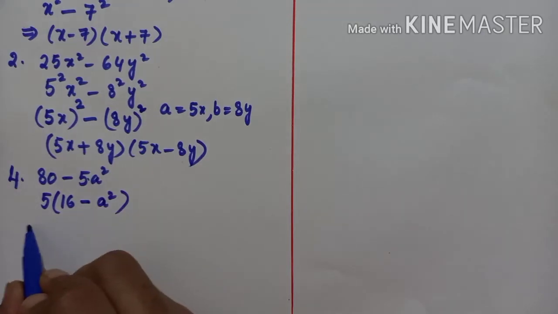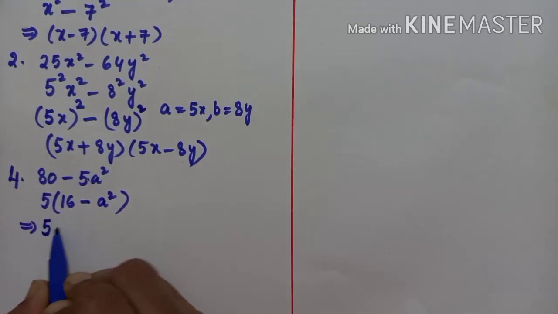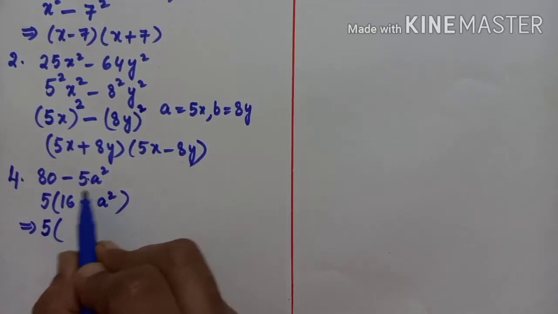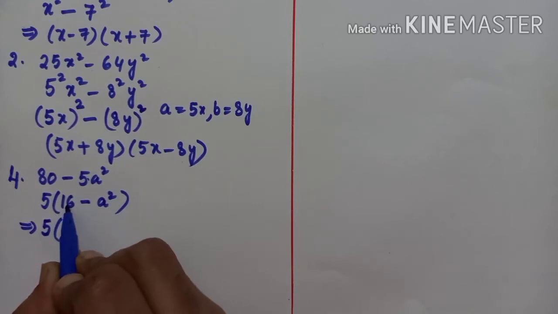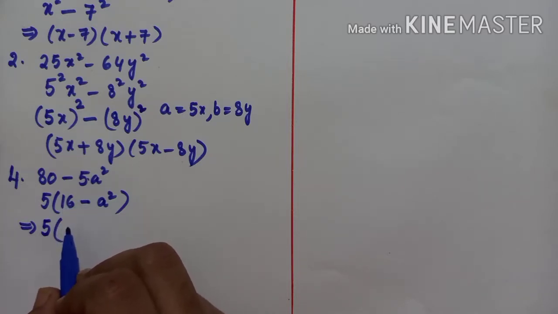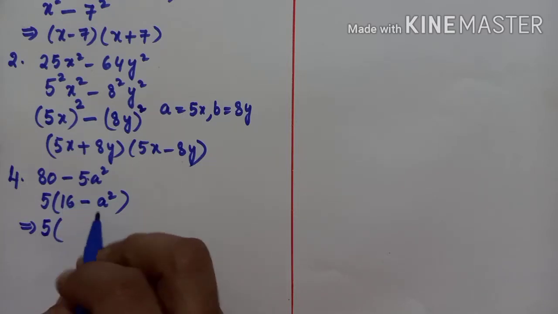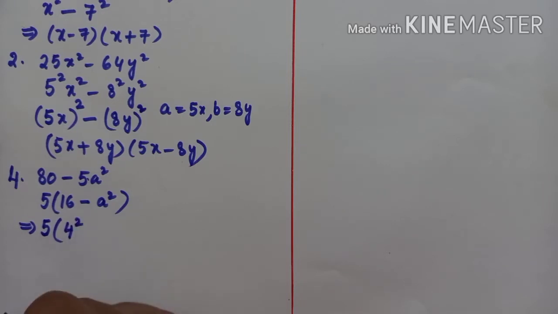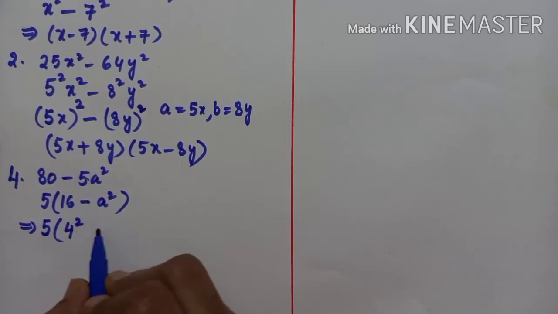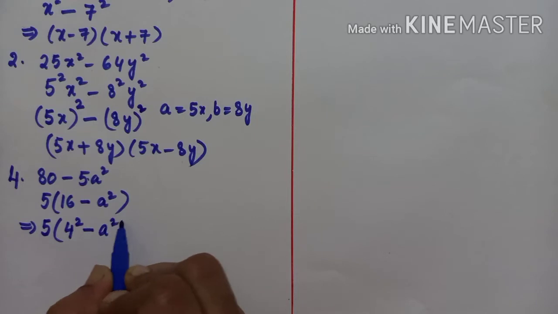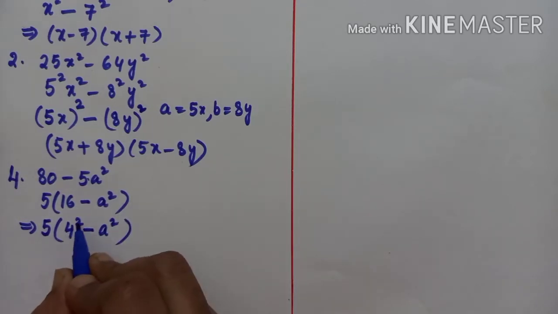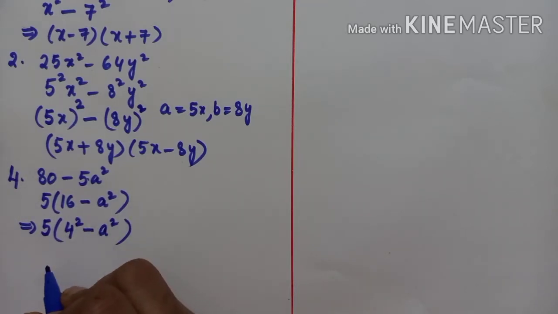Now you see 5 is outside of the bracket. Inside the brackets, whatever numbers you have, you have to check whether it is a perfect square or not. Can you write 16 as a square number? Yes, it will be 4 square, because 16 is a perfect square. So 4 square minus a square is in the form of a square minus b square.